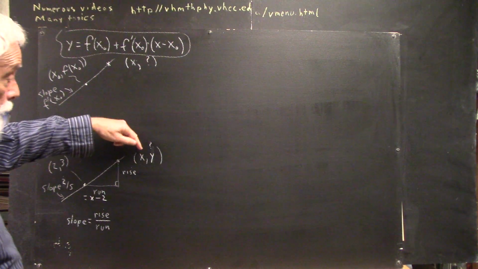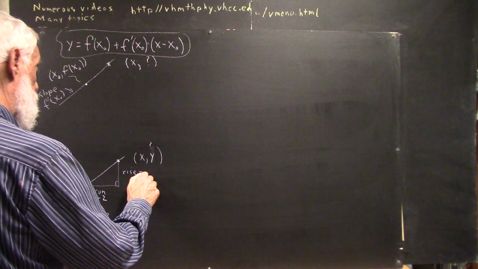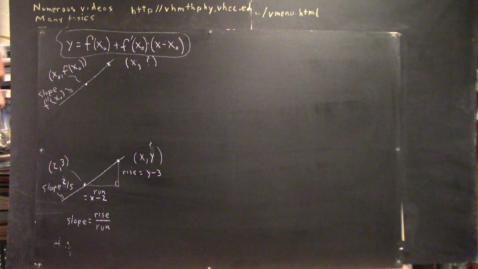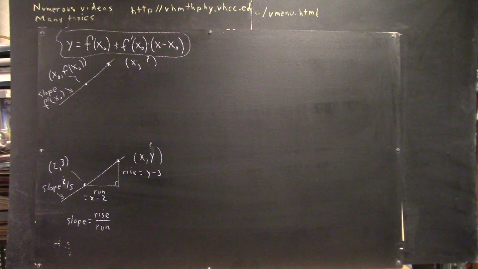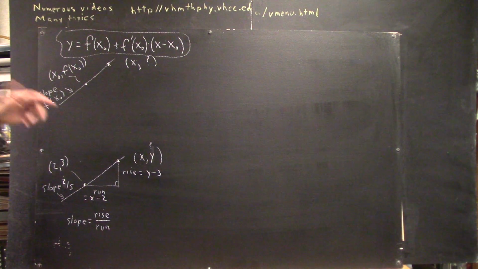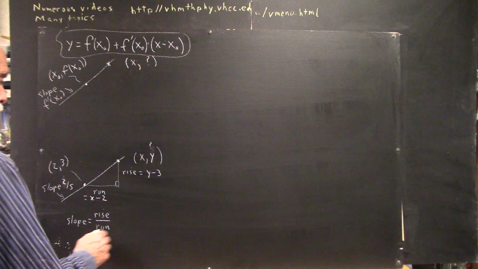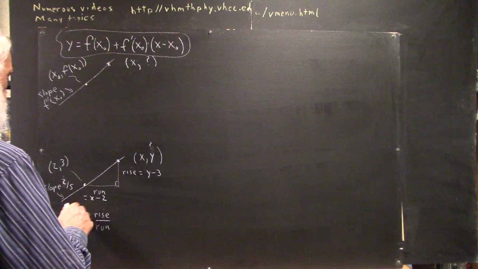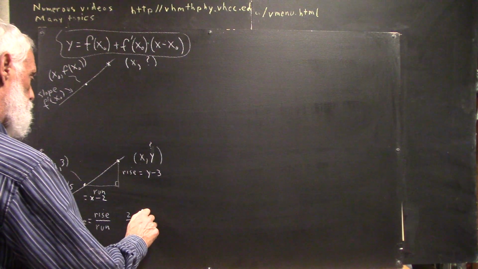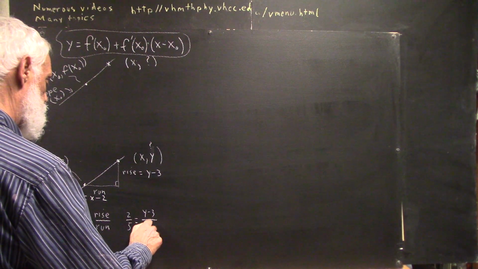Now we're assuming we know x. We don't know y, but now we see that we could write the rise as y minus 3. So now our equation is what? We can write slope equals rise over run. That tells us that the slope, which is 2/5, equals y minus 3 over x minus 2.